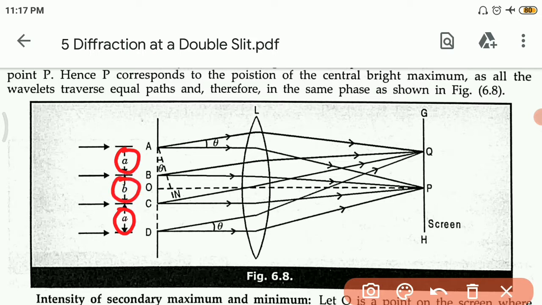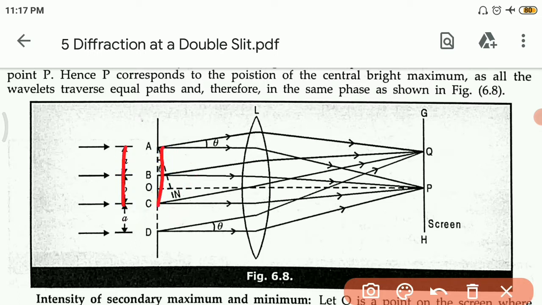So here the distance BC will be the opaque portion, okay. So AB and CD, these are the transparent portions, and BC will be the opaque portion, okay. Then the distance between the corresponding points of two slits will be how much? A plus b, okay.